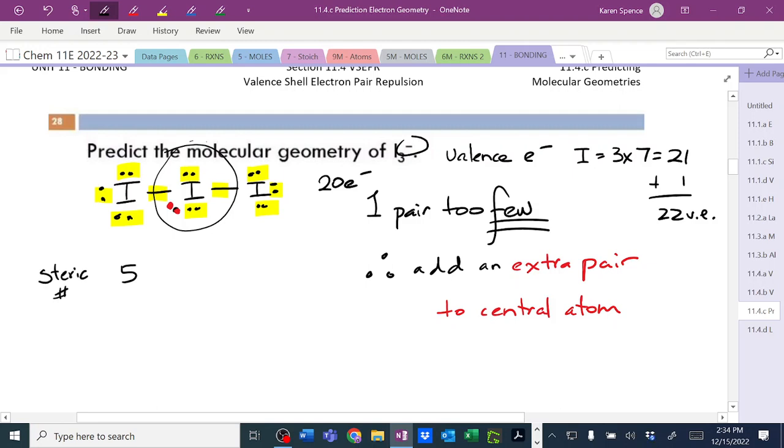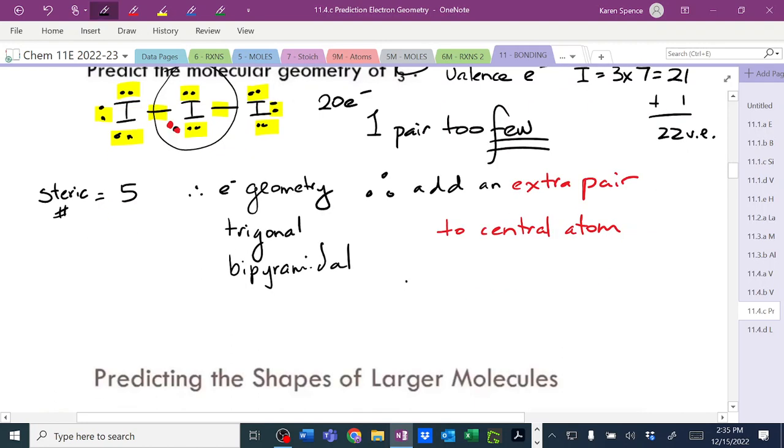Steric number is 5. Therefore, the electron geometry is trigonal bipyramidal. So we have axial, axial, and equatorial, equatorial, equatorial.